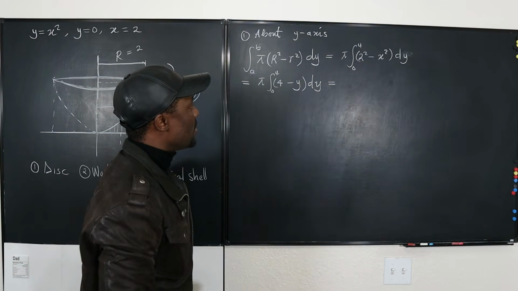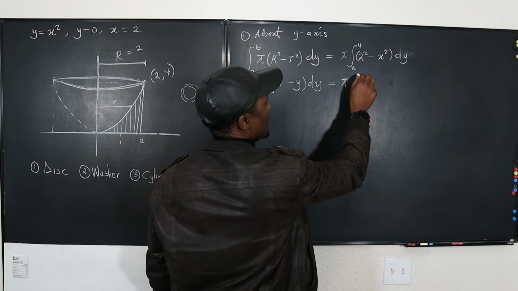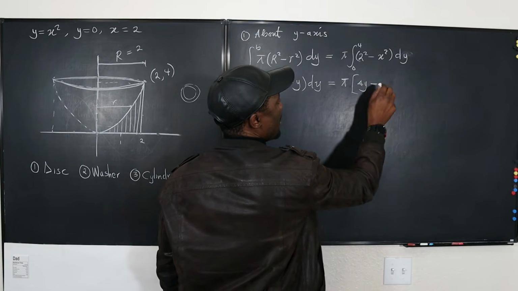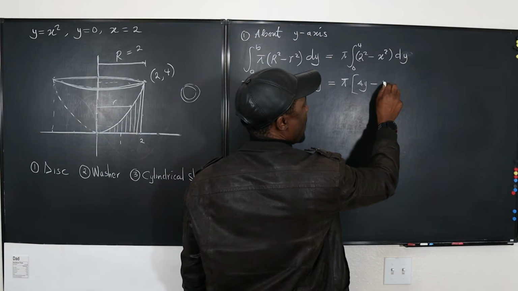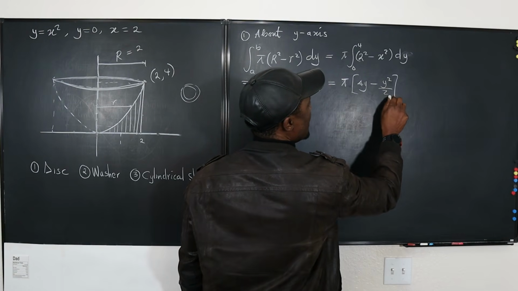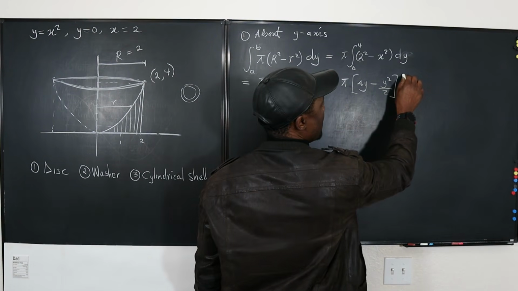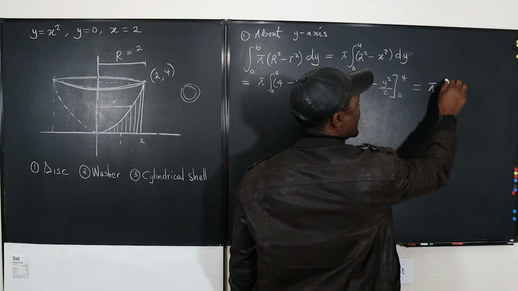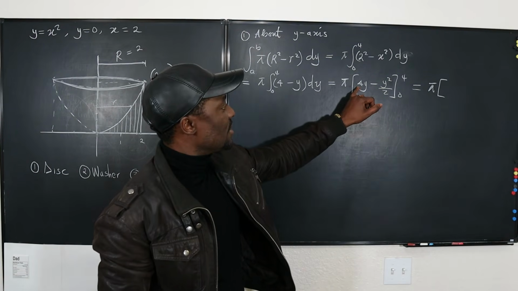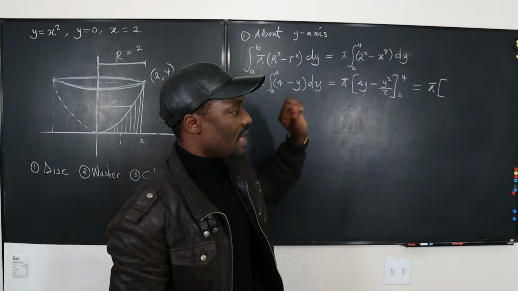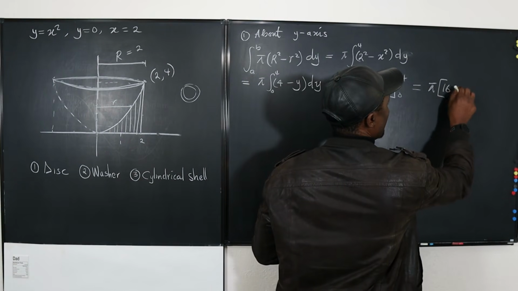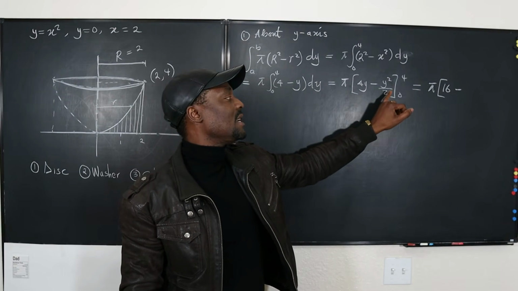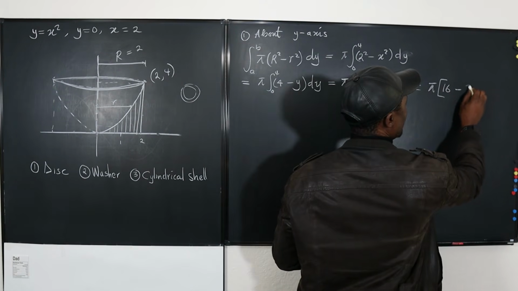So we take the integral. We're going to have pi times, what's the integral of 4? That's 4y. What's the integral of y? That's going to be y squared over 2, evaluated from 0 to 4. Okay. Now if we do this, this is going to be pi times, well, this is 4 times 4 minus 0, so that's going to be 16 minus, if we square 4, it's going to be 16. 16 divided by 2 is going to be 8.